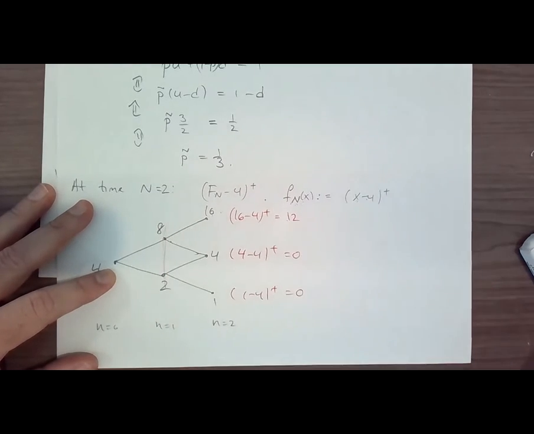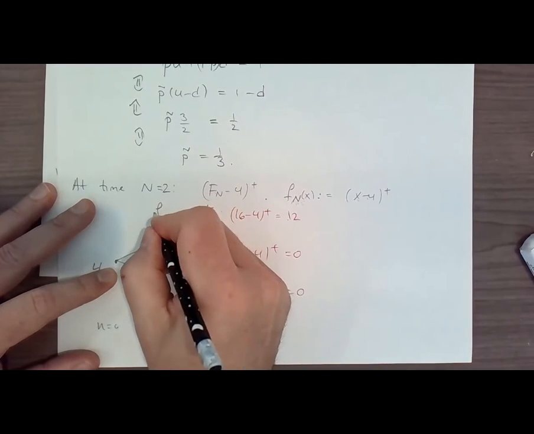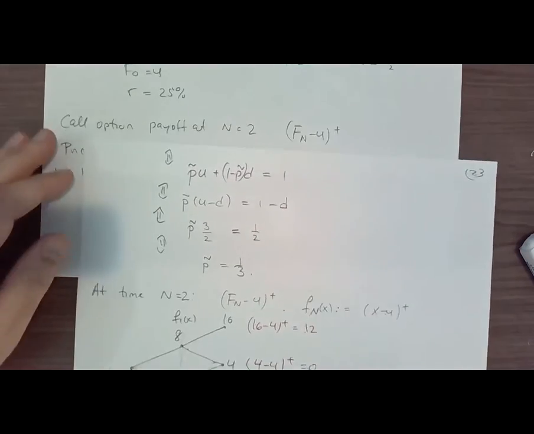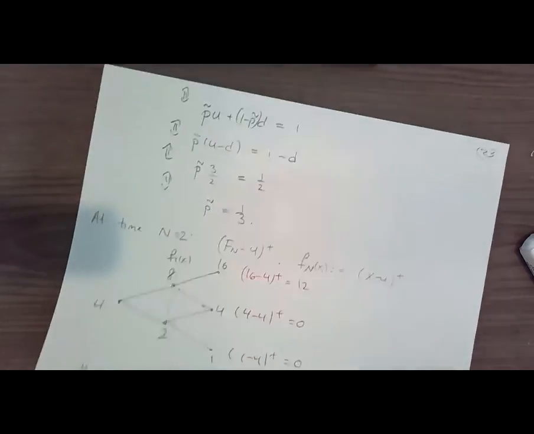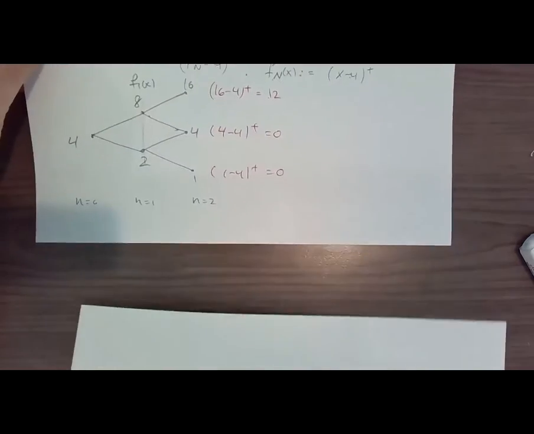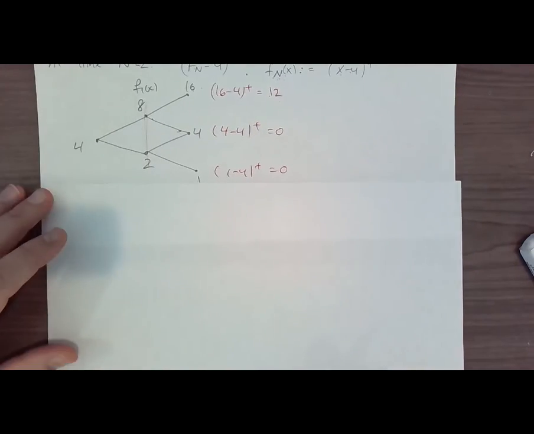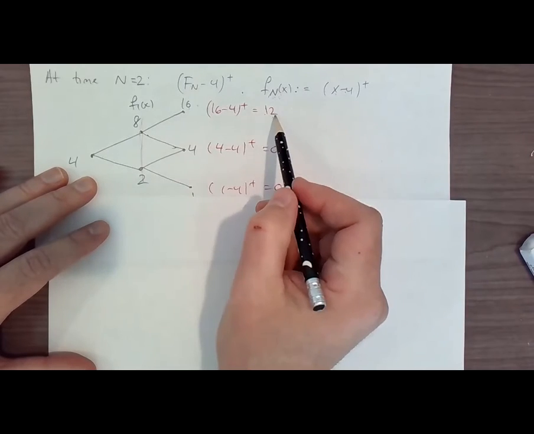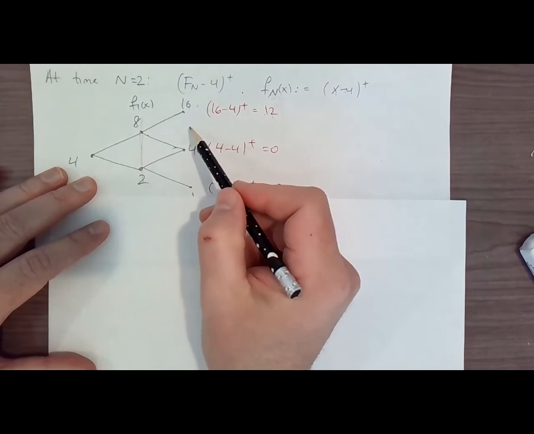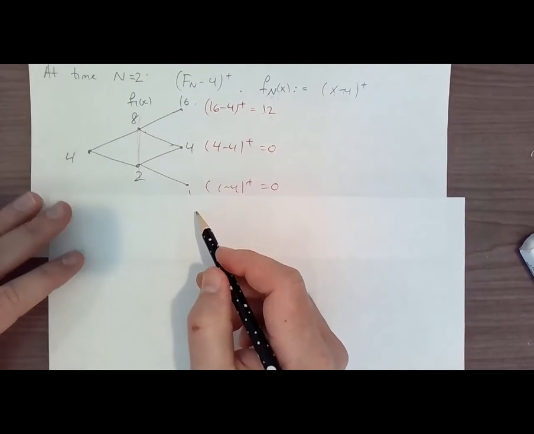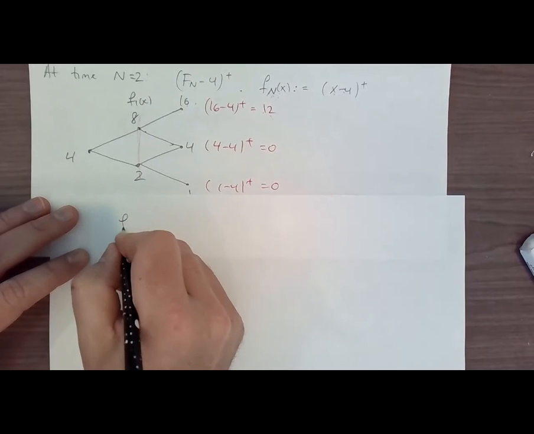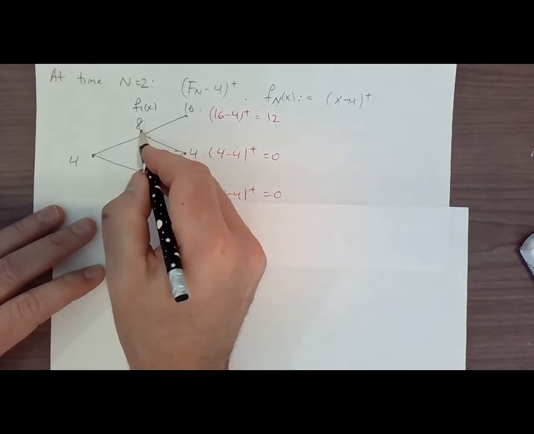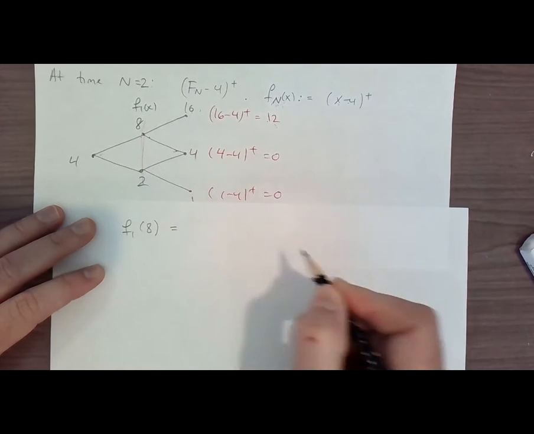And so that's that function we've been calling f1 of x. And so what is f1 of x? Well, we have to take these two future values, like 12 and 0, and then we discount them. So if I go up to 8, what would that be?